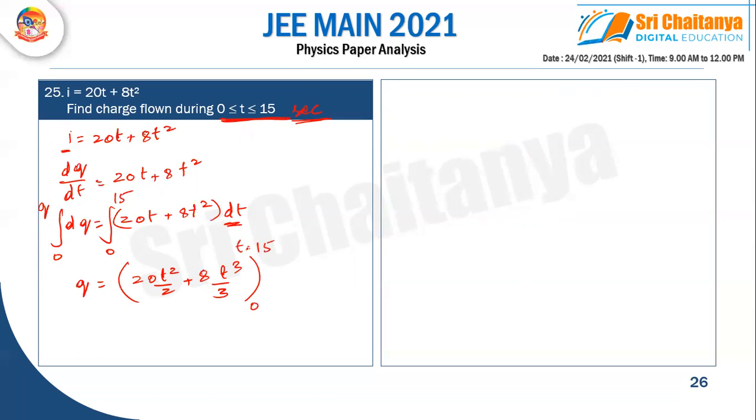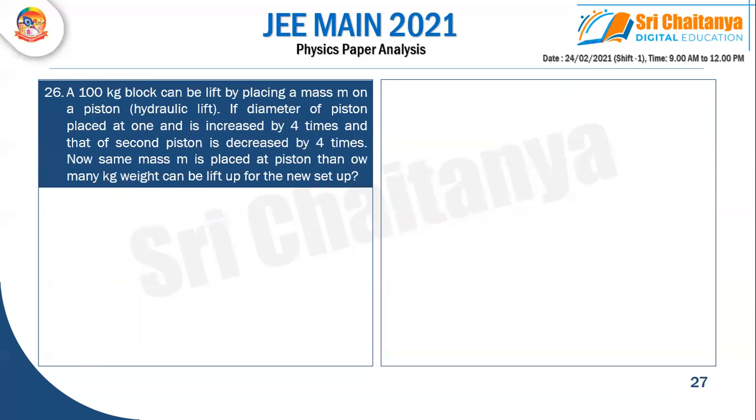When I substitute this, I'm going to get 11250 coulombs. So this will be the correct answer. Hope you got it. We'll move on to the next question, please.